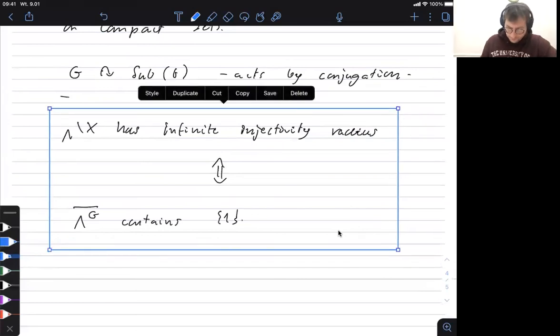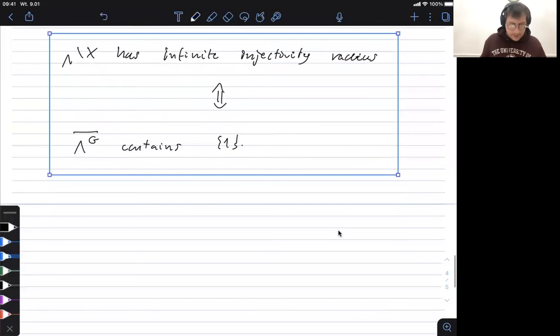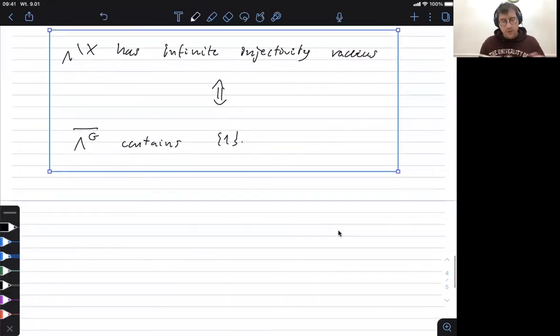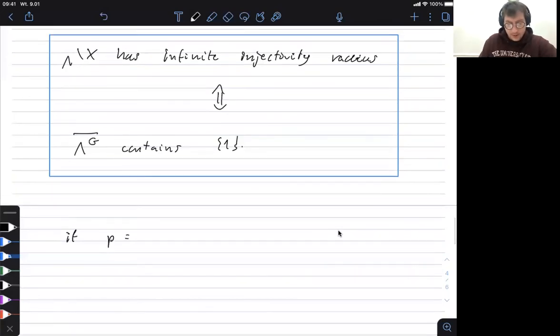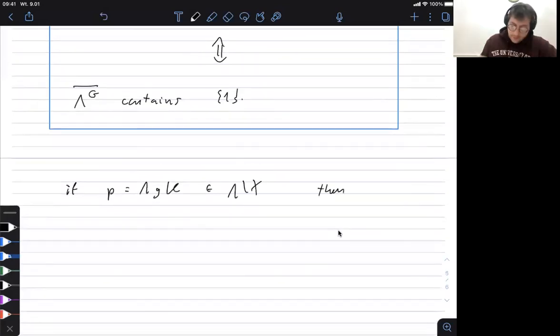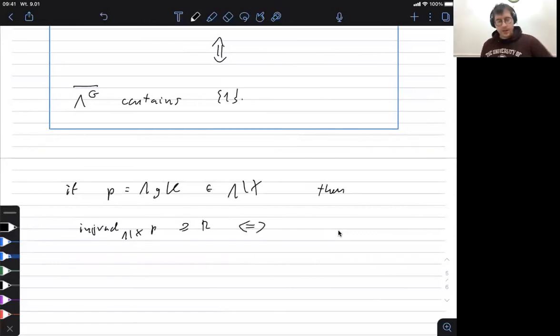Why is this true? Well, if you look back at the definition of injectivity radius, if P is a point in my locally symmetric space, so P is in Lambda\G/K in this quotient, then it turns out that the injectivity radius at P is bigger than R. There was this condition about a ball, but we can translate it as follows.